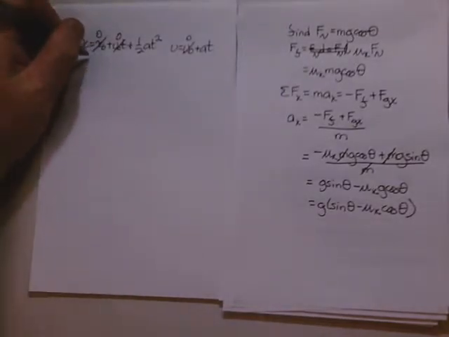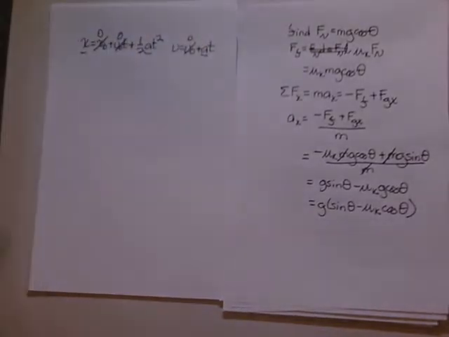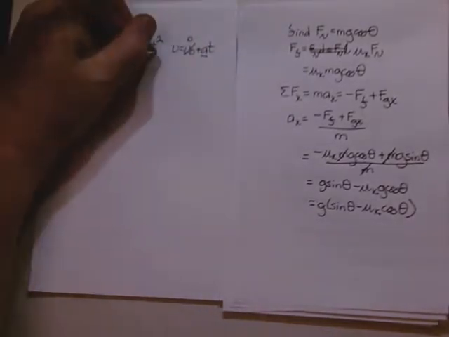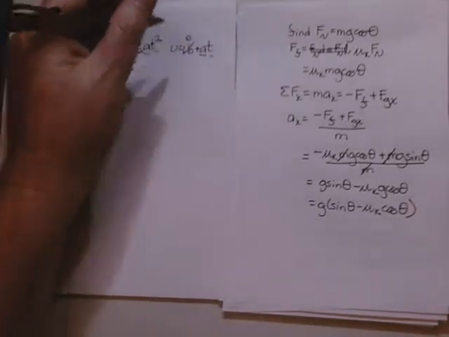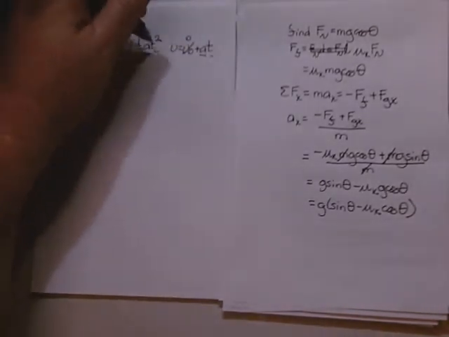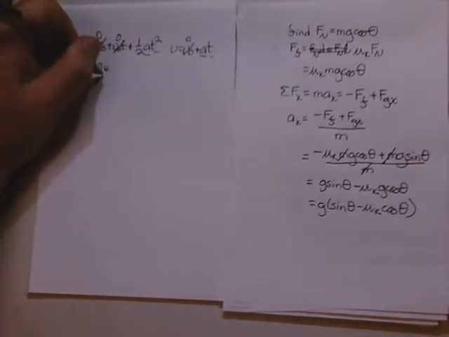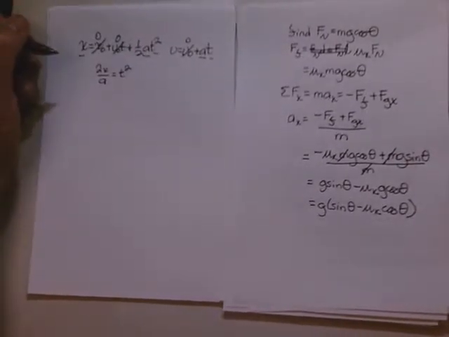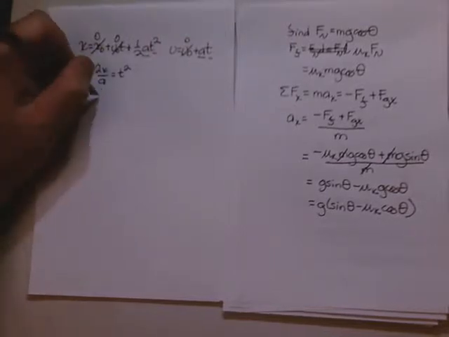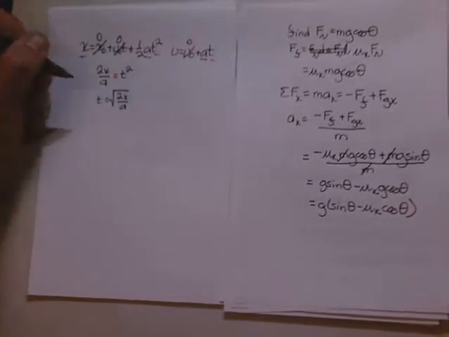We identify what we know and don't know. I know x and a, but I don't know t. So to get v, what I'm going to do here is solve for t and then plug it into here. So 2x over a is equal to t squared, or t is the square root of 2x over a.